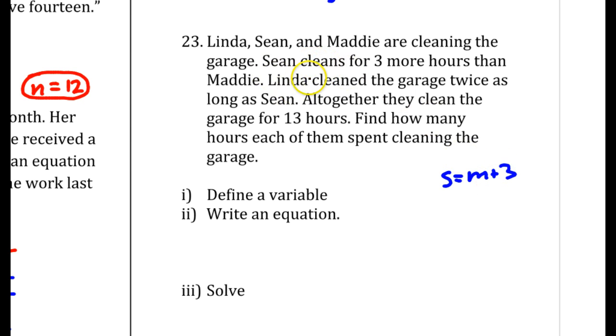Okay. Linda cleaned the garage twice as long as Sean. So L, Linda, equals 2 times what Sean did. Okay. And then it goes all together. So the only variable not left over here is what Maddie worked.